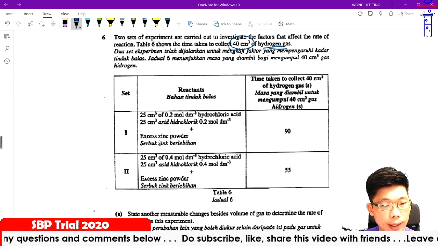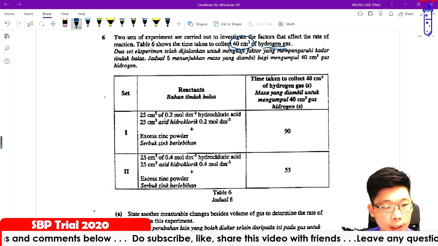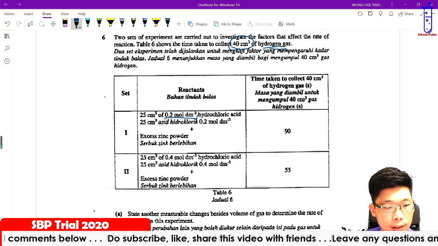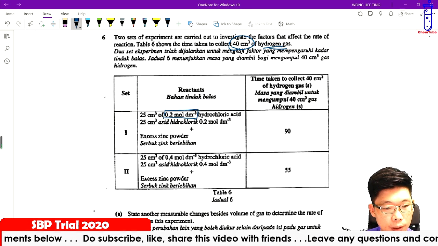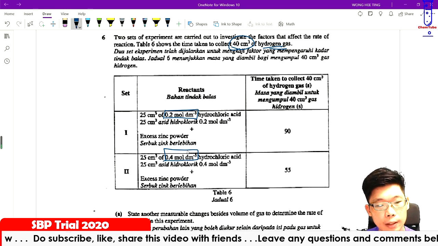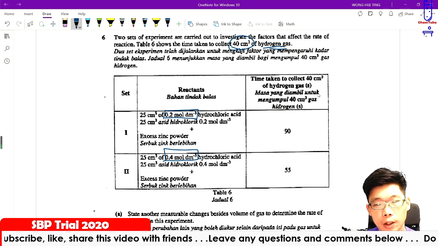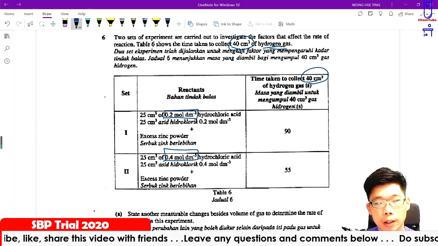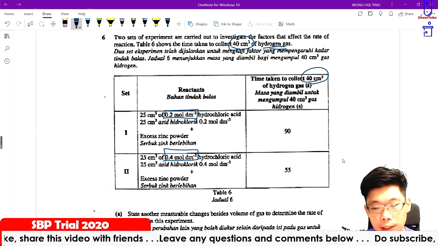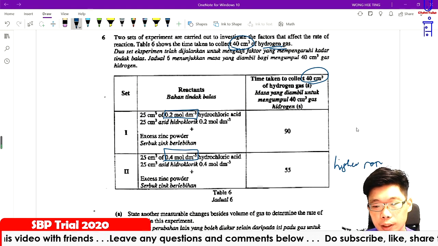Okay, zinc powder same. Okay, so here we notice that the concentration given is different. Okay, so higher concentration, shorter the time taken to collect 40 cubic centimeter of hydrogen gas. So meaning that this one has higher rate of reaction, this one lower rate.